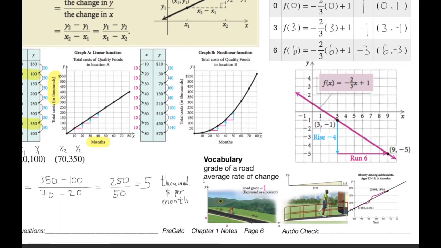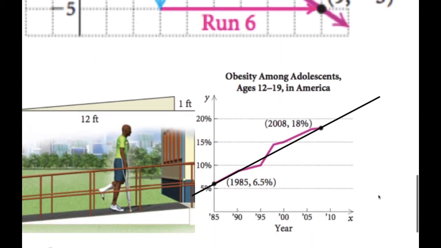Speaking of average rate of change, I was talking about that a little bit. You could technically do an average rate of change between any two of these points and get a slope. But if you ever need to do that on a graph, say like this, obesity among adolescents ages 12 to 19, depending on what year you're talking about, it gets steeper here, not quite so steep, really super steep right here, and then it averages out.